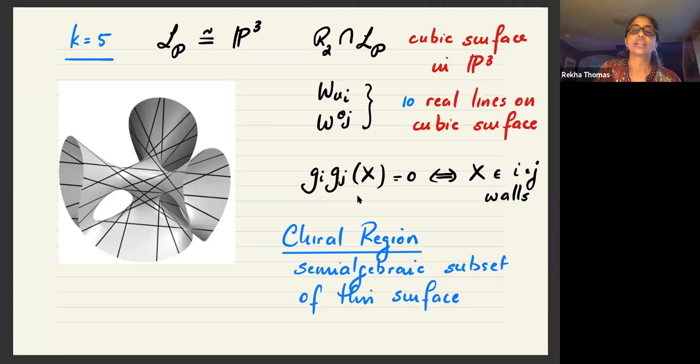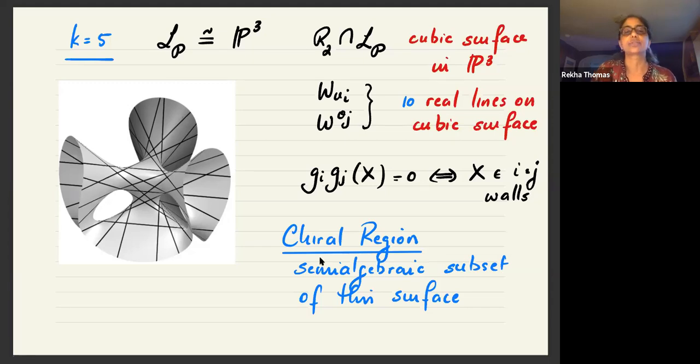So if I look at where GI and GJ vanish on a fundamental matrix, that's exactly when the fundamental matrix lies on the I walls and the J walls. Okay. So the chiral region that we're looking for, meaning the set of fundamental matrices which live on this cubic surface that we care about, has to lie in some semi-algebraic region that's cut out by the inequalities, along with that regularity condition that I did not really explain, but it's a complicated set that lives on this cubic surface. Okay, so that's the set we're looking for.